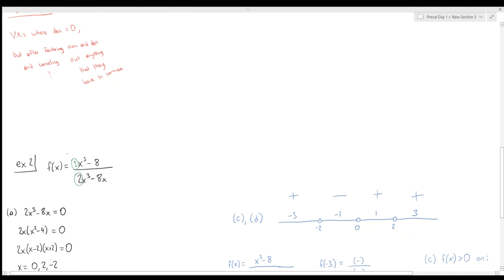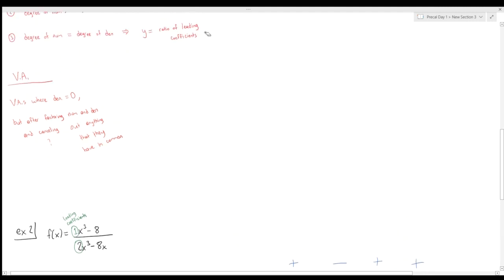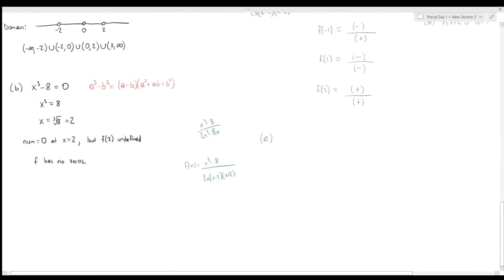These would be the leading coefficients. So I want to do the ratio of the leading coefficients. That would just be 1 over 2. So then y equals 1/2 would be the equation of our horizontal asymptote, okay?